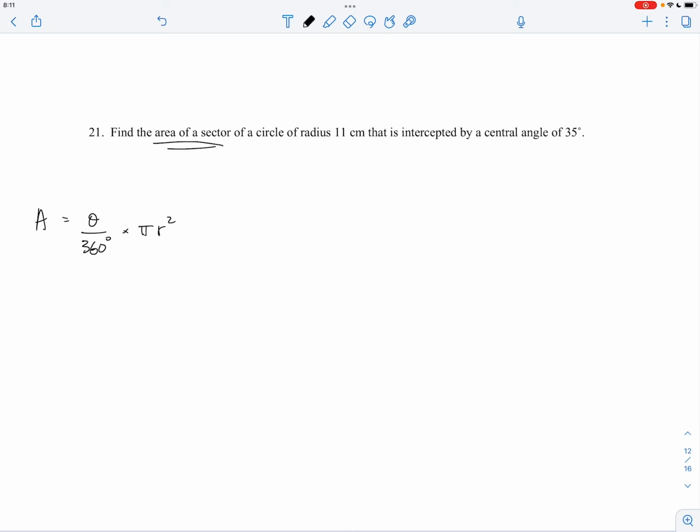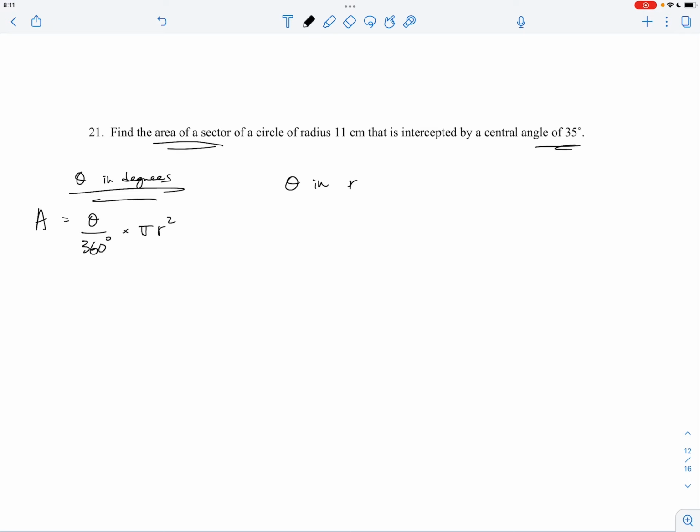You have the area of a circle, and then you multiply by the part, theta over 360. So if theta is in degrees, this is what you will do. Now, what would you do if it's in radians?